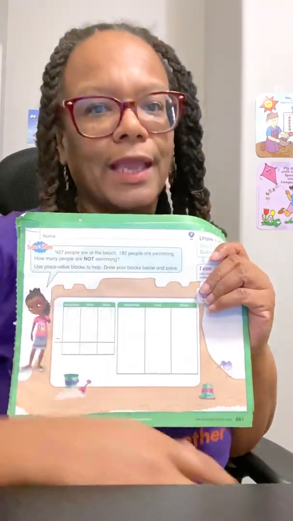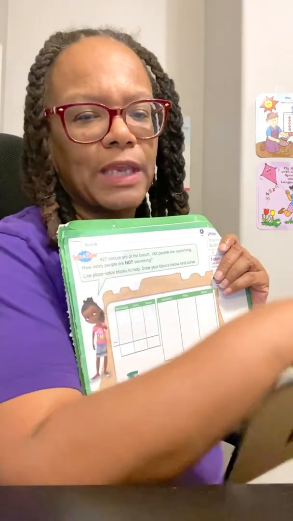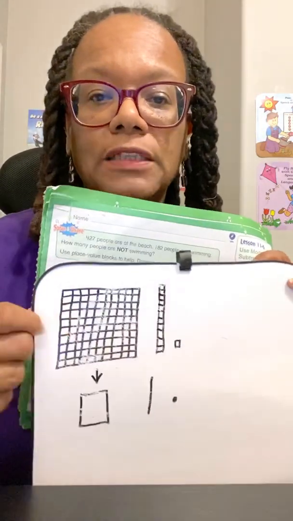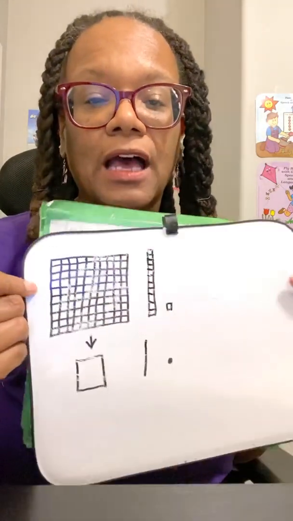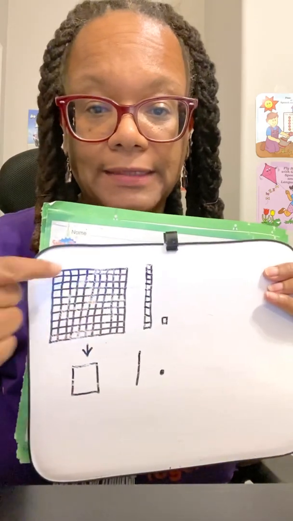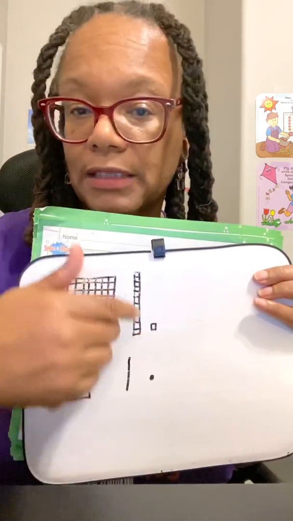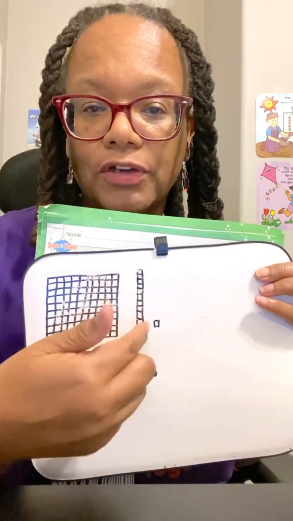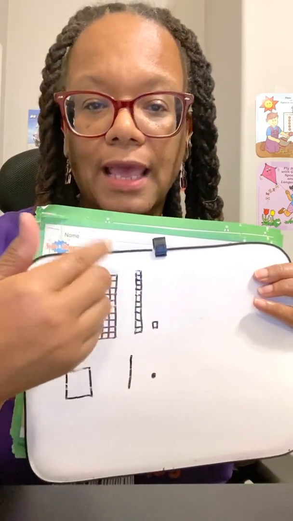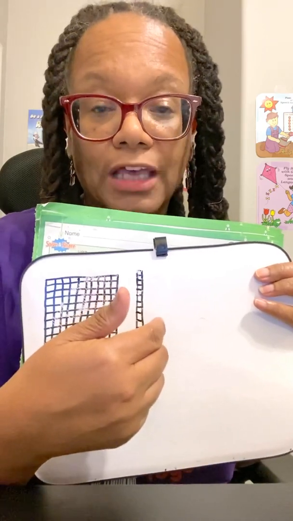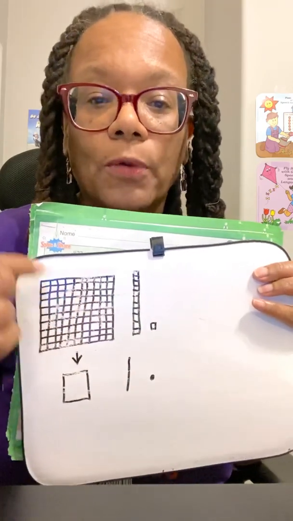Well, at school, we have those big blue blocks. The 100 blocks look like this. It has 100 different spaces. And then the tens blocks are long and they're divided into 10. And then you have the little square cube that is the ones place.